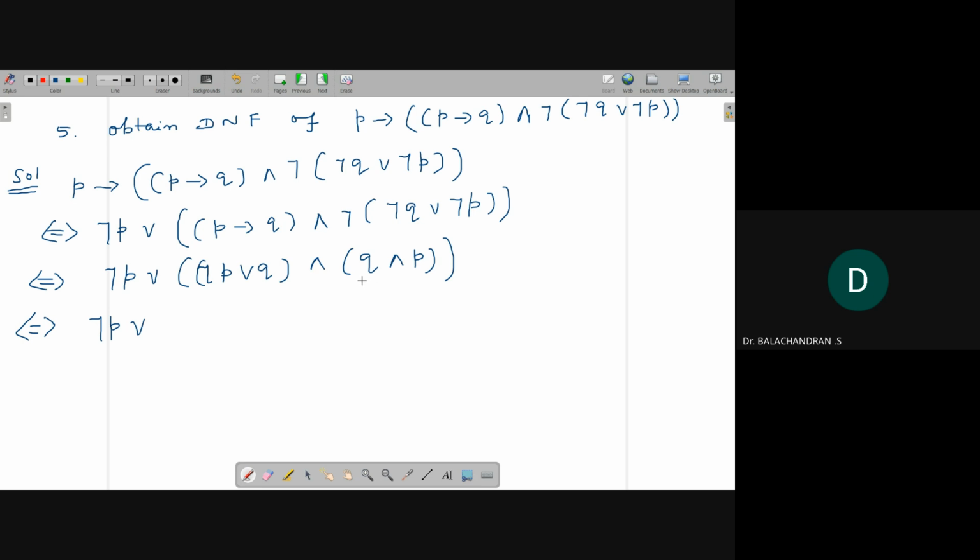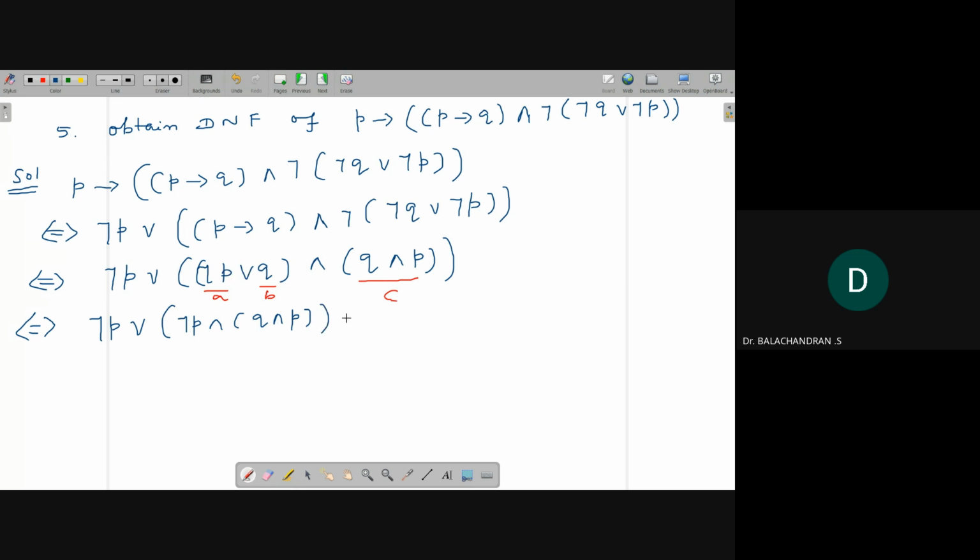This is whole term, C. This is what? A. This is what? B. So A or B and C, you'll get A negation P and C. C is what? Q and P. Close this bracket, close this bracket.